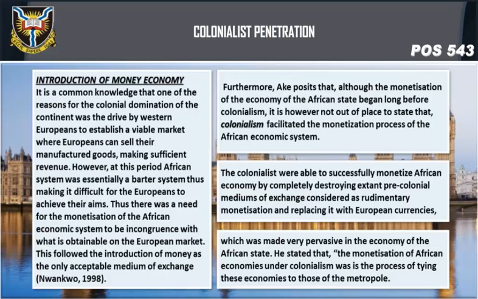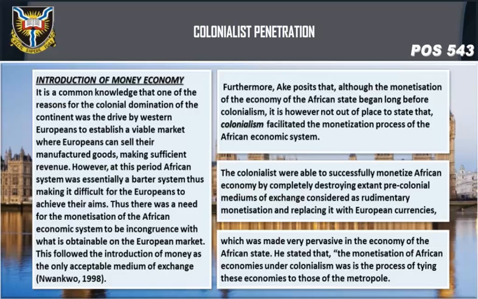Furthermore, Ake posits that although the monetization of the economy of the African state began long before colonialism, it is, however, not out of place to state that colonialism facilitated the monetization process of the African economic system.